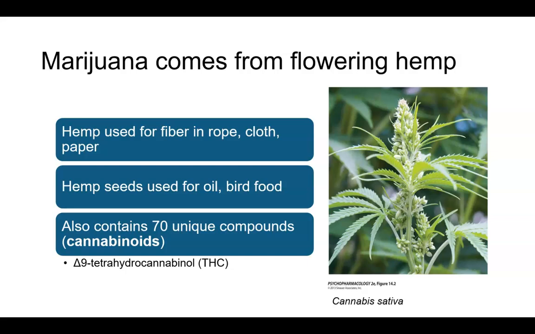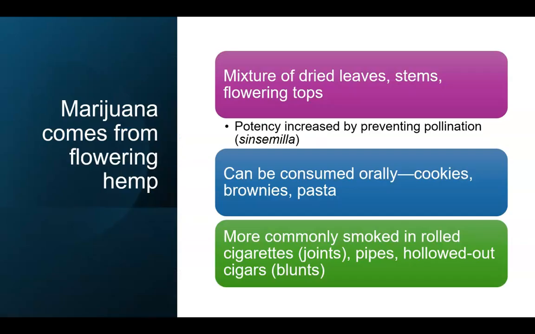Now, the cannabinoids can basically be found in all different parts of the plant, but they tend to be more concentrated in a sticky yellow resin that's secreted from the flowering tops of different female plants.